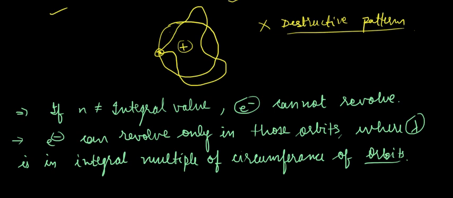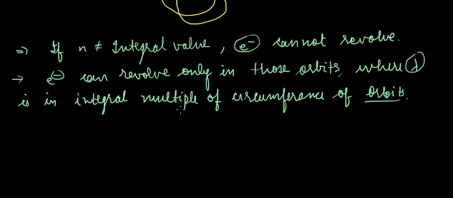So we are just writing that 2 pi r should be equal to n lambda.